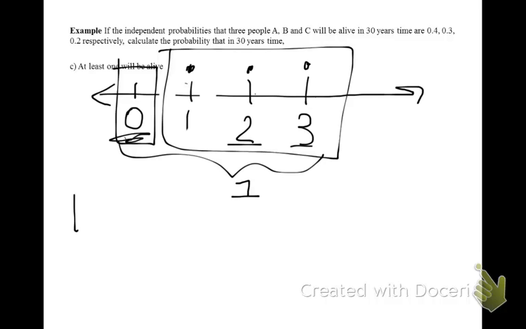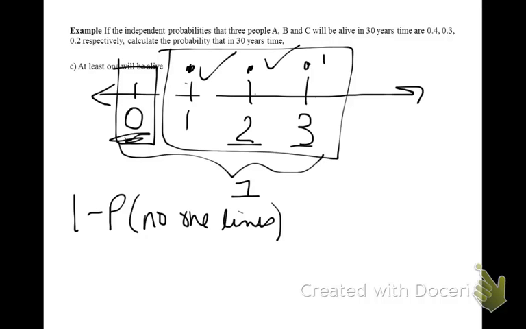So if I do 1 minus the probability that no one lives, that's the same as finding the probability that one person or two people or three people live. Now we already found the probability that no one lives in part A. That was 0.336. So the probability of at least one being alive is 0.664.